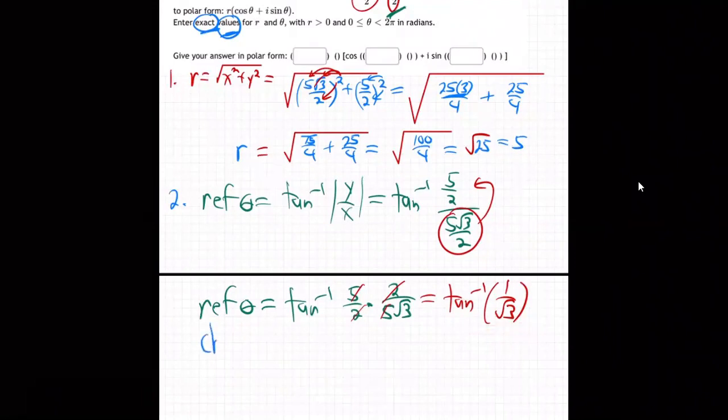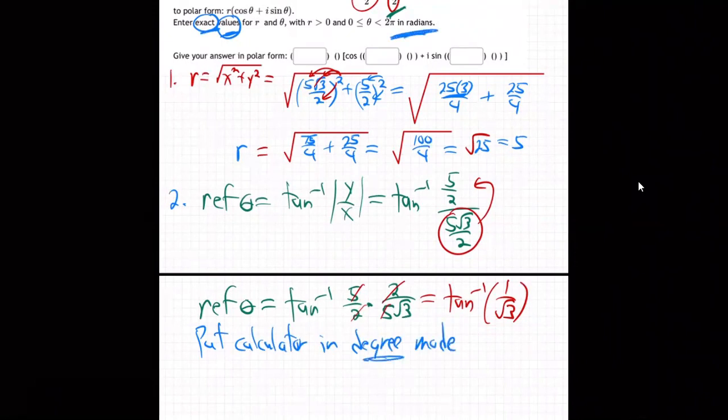Put the calculator in degree mode. And they might say, no, Mr., they want radians here. I know.